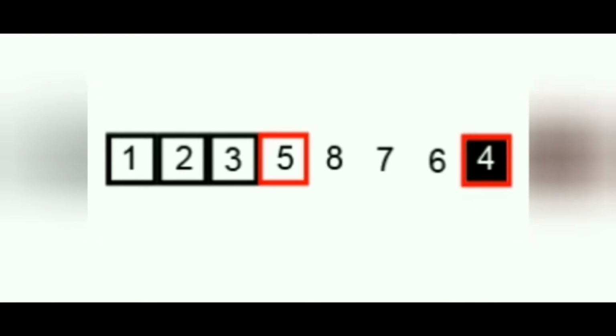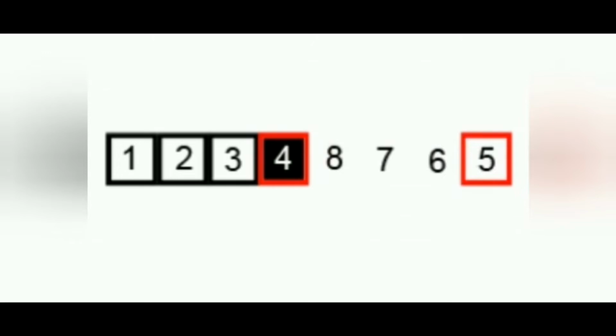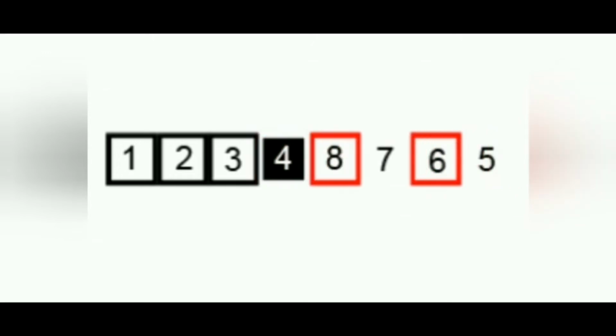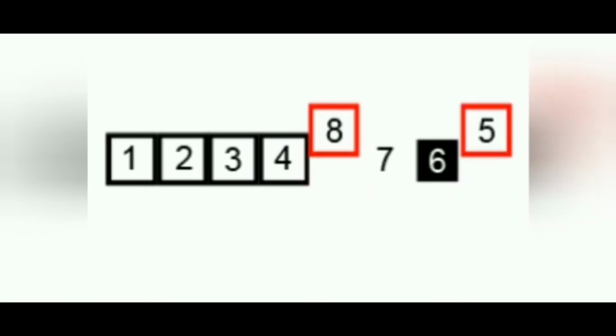Now element 4 acts as the pivot element of the list, and where the condition is satisfied they are exchanged. Now the element 6 acts as the pivot element of the list.